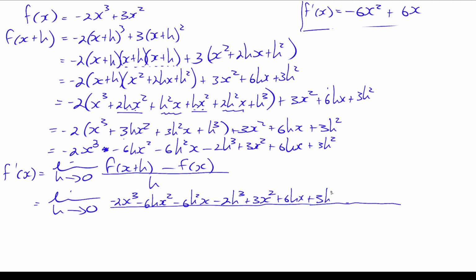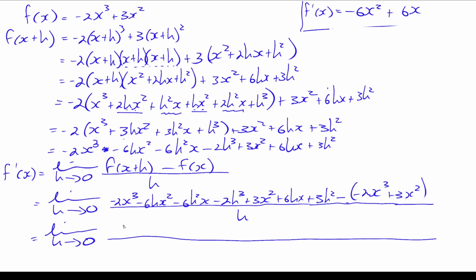Plus 3h squared minus negative 2x to the 3 plus 3x squared, wham, over h. Okay, so that's a step. I'm going to skip writing down all the stuff, because this is taking forever.